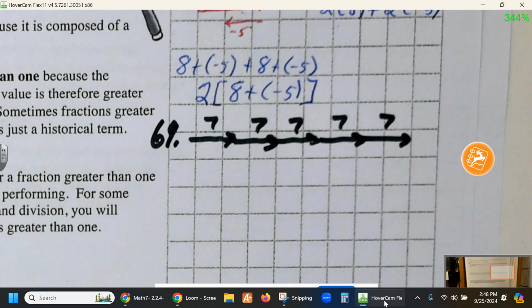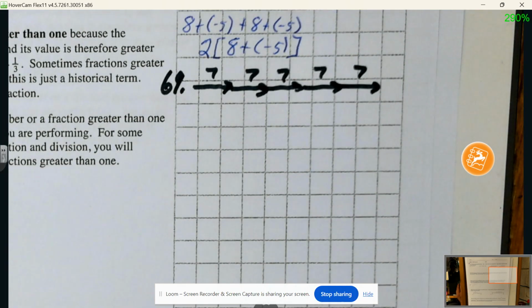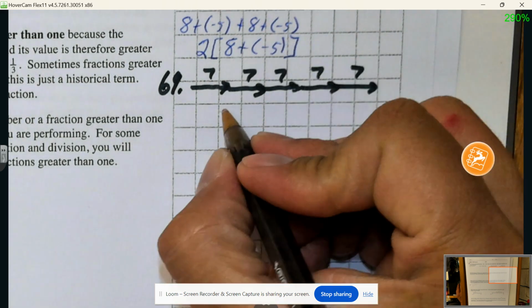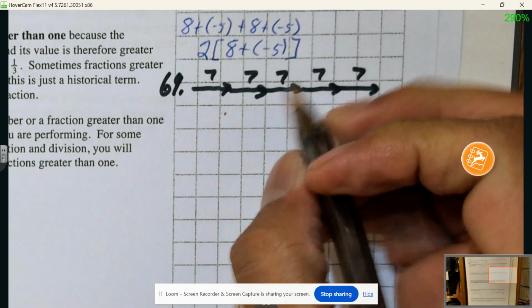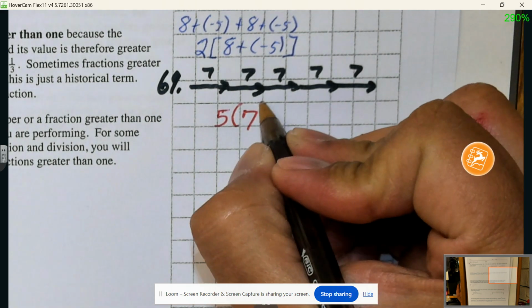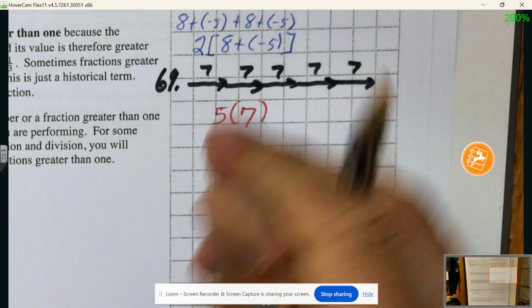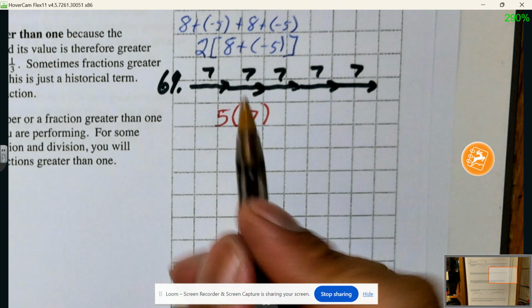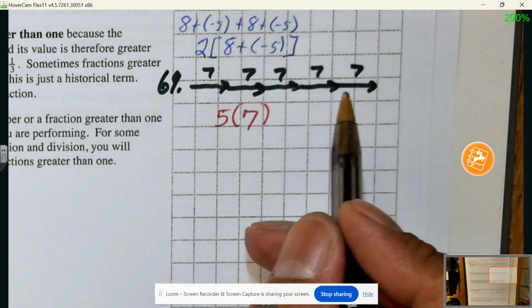All right, so two different ways that we can show this. The first one that you might have done was he has 5 leaps of 7, so 5 groups of 7. Or we can do the repeated addition, 7 plus 7 plus 7 plus 7 plus 7.